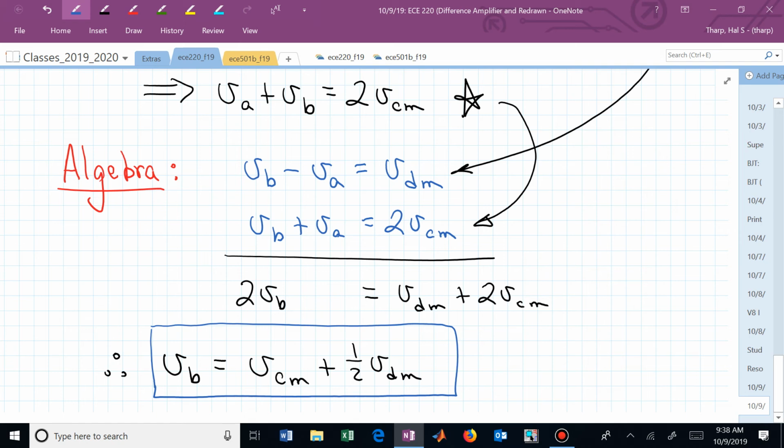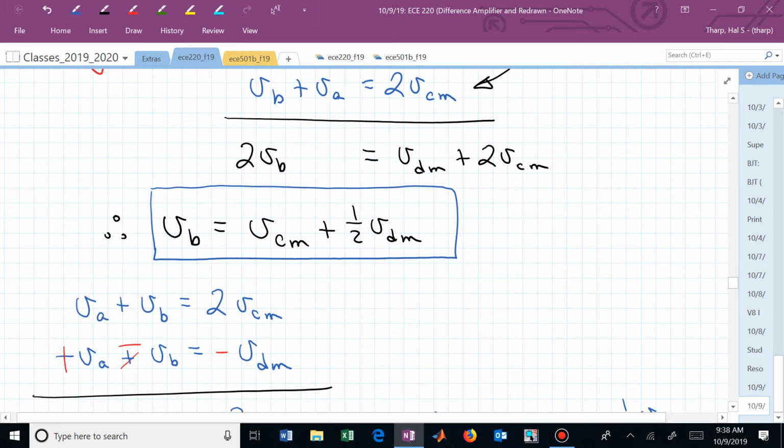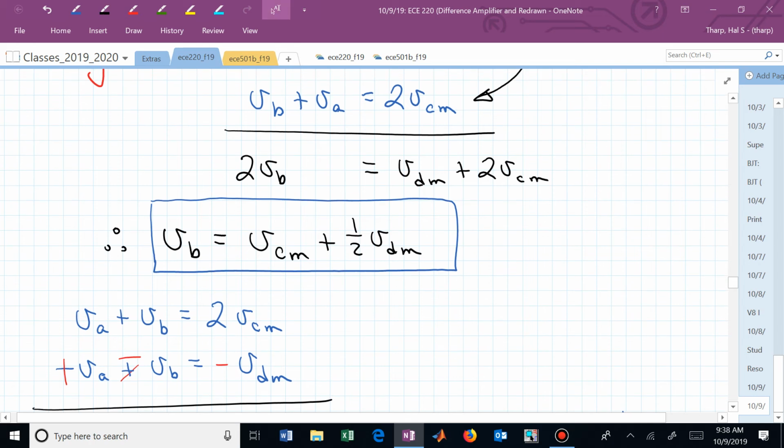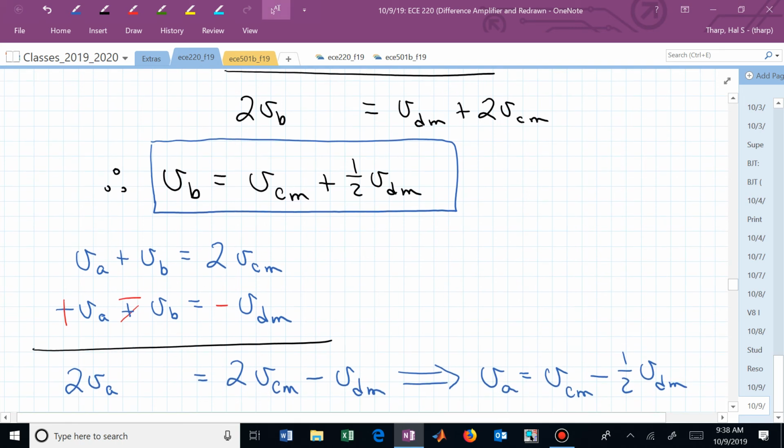We want to find V sub A in a like manner, which says use those same two formulas, just negate one of those, so that now you're canceling the V sub B component, and that's what the red is trying to indicate. And now we can add those two together to find an expression that only involves V sub A and not V sub B. V sub A can now be written in terms of the common mode voltage and the differential mode.